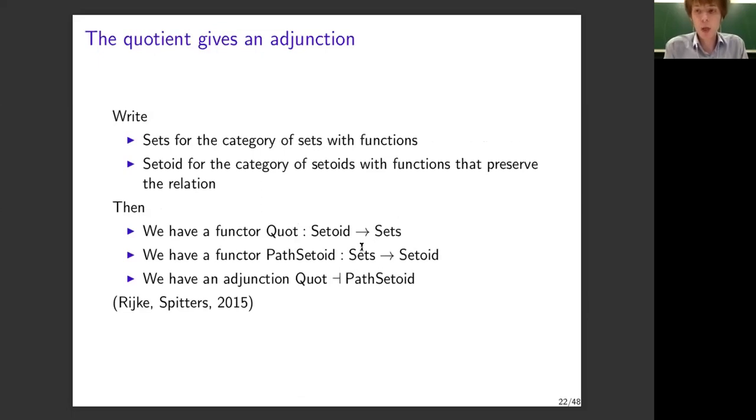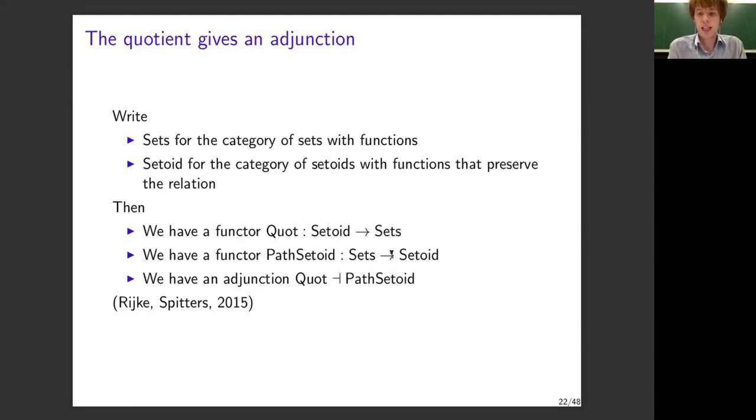The important property of the quotient is that it gives an adjunction between the categories of setoids and of sets. So let us write Set for the category of sets with functions and Setoid for the category of setoids with functions that preserve the equivalence relations. Then we have two functors, quot, which goes from setoid to set, and path setoid.